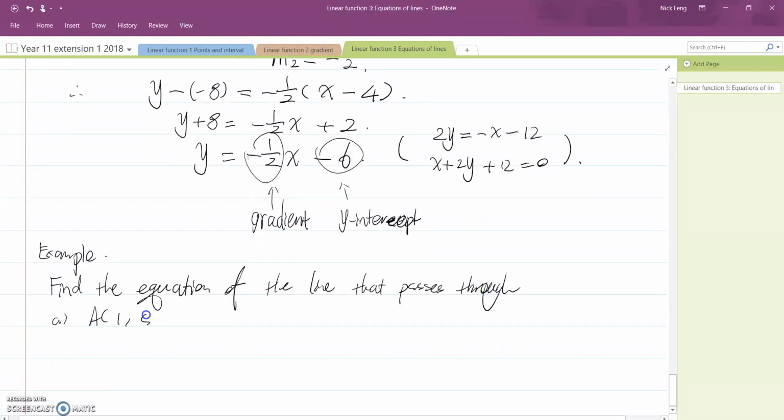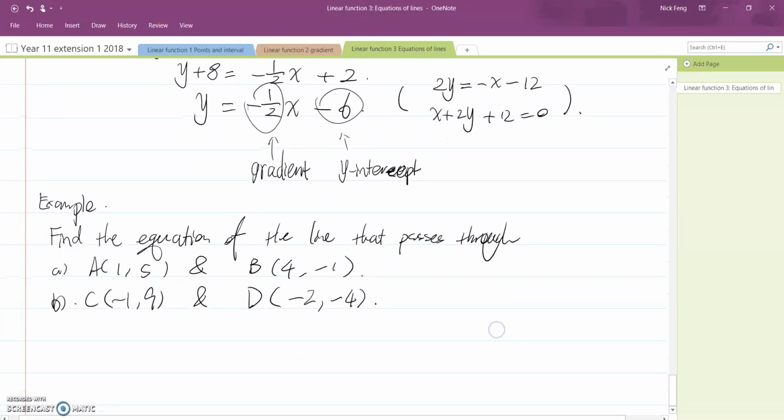Part A: point A is (1, 5) and (4, -1). Part B: let's say passing through point C, which is (-1, 9), and D is, let's say, (-2, -4).